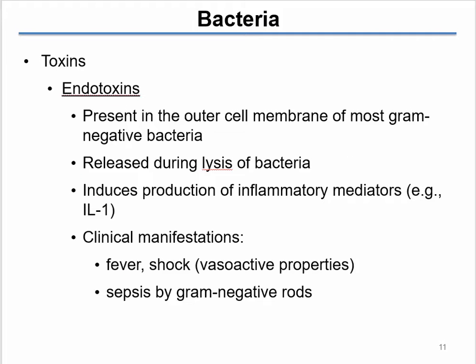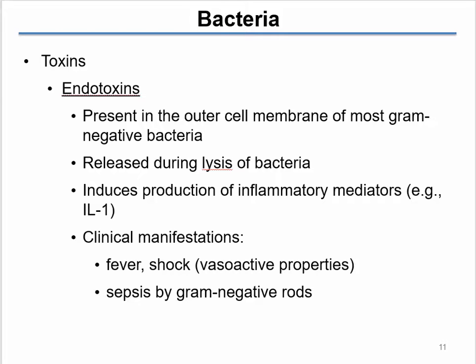Now, endotoxins are slightly different. Endotoxins are present in the cell wall, and so usually it's the gram-negative bacteria. The endotoxins don't get released until there's lysis of that bacteria, until that bacteria is killed. Then these chemicals that are part of the cell wall get released into the interstitium, and they induce inflammation. They make interleukin 1 release, and you get all the clinical manifestations of inflammation.